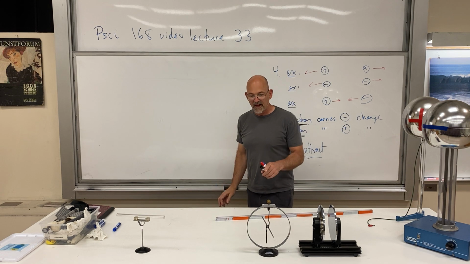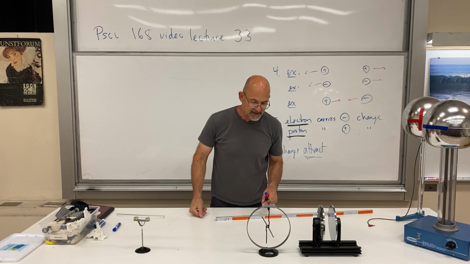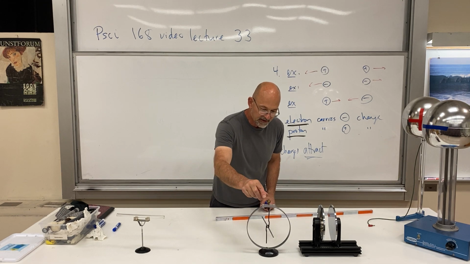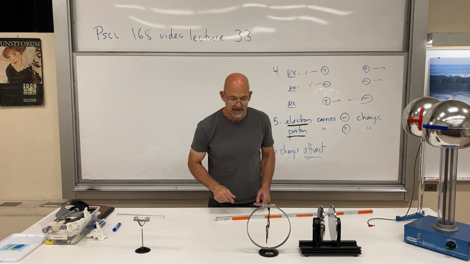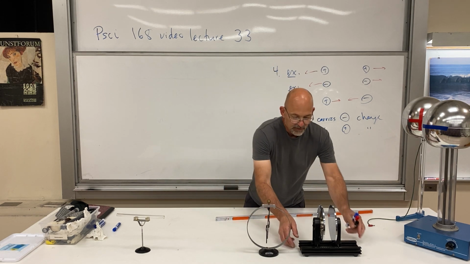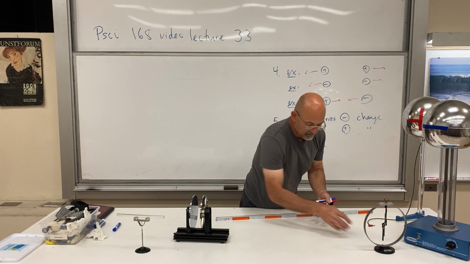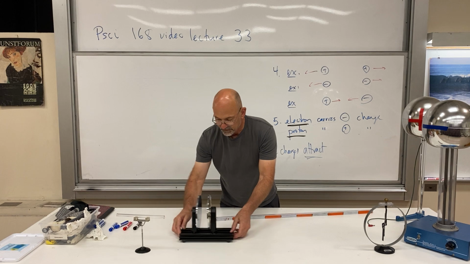Now with this little device, you actually saw that it's storing some charge in there because that needle has stayed put. If I discharge it, I've gotten rid of the charge in there, okay? So charge can be stored.